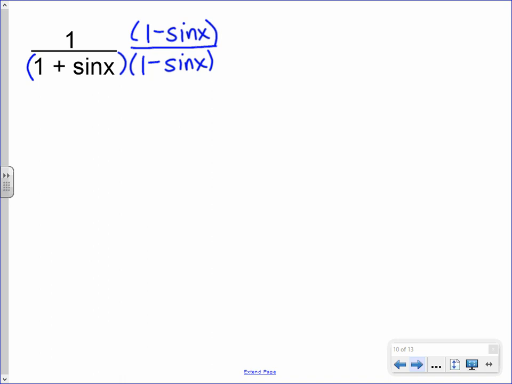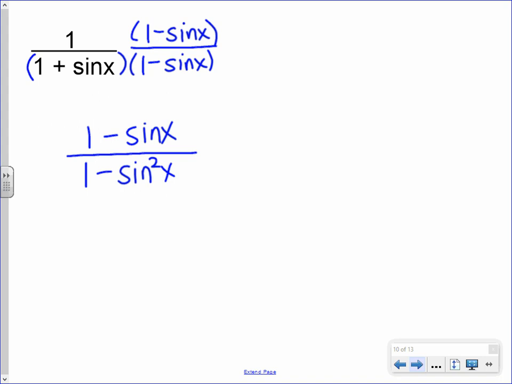Remember, when we multiply conjugates together, we get difference of squares. So our denominator becomes 1 minus sine squared x. Okay? Remember how I told you, like, the sine squared with a 1 could be helpful? Let's go to this identity that I have written on the board. 1 minus sine squared x.